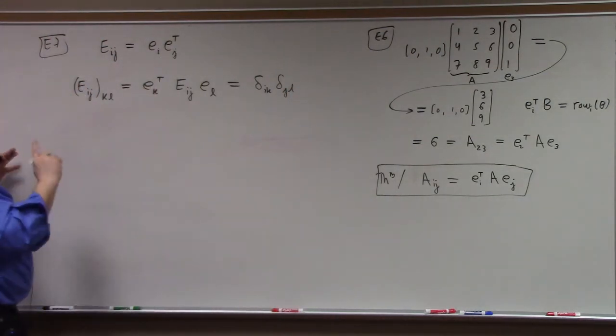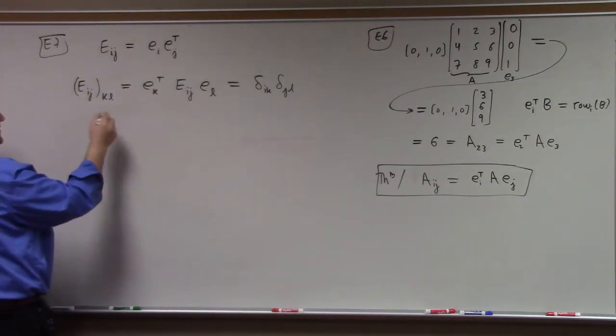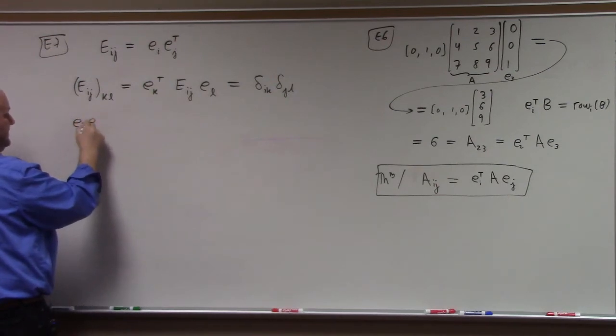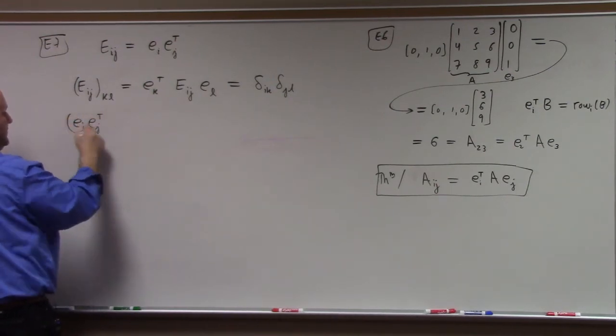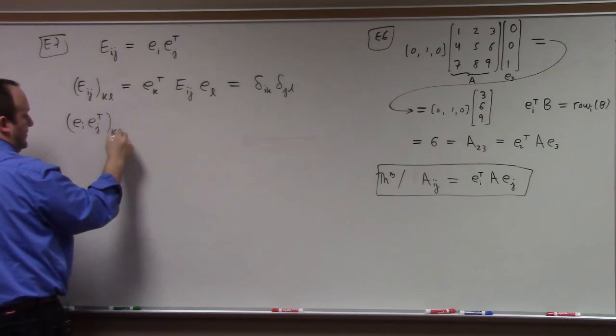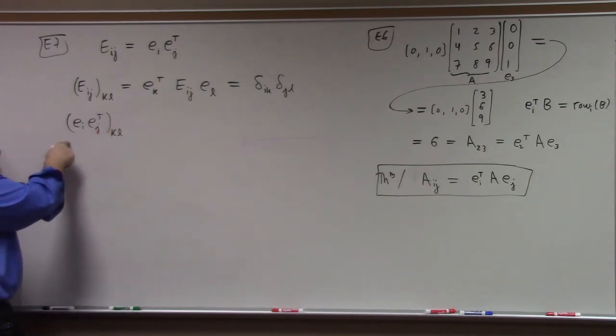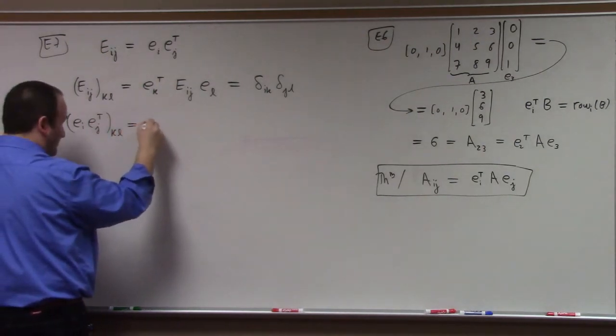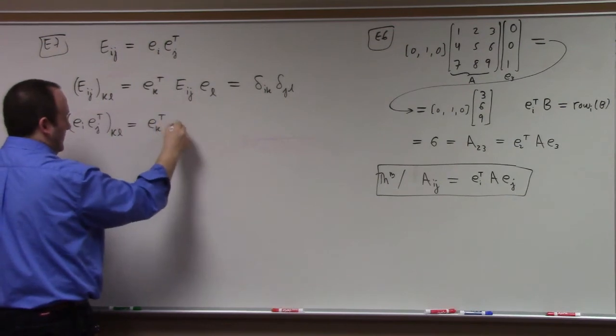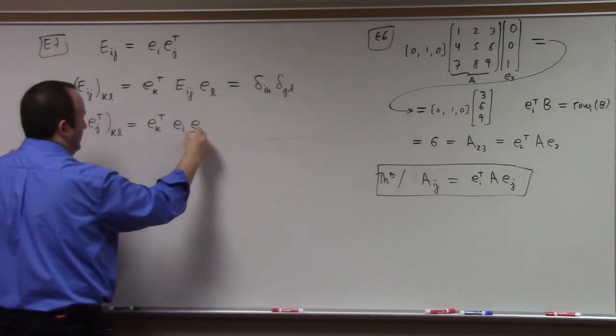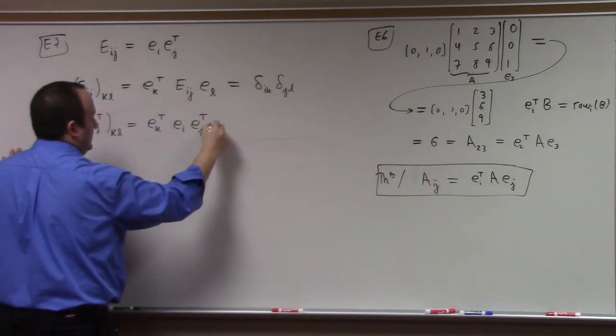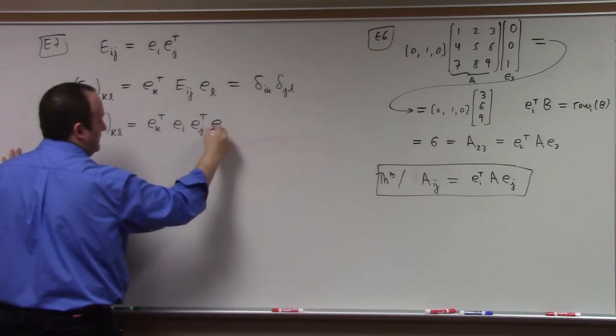Sorry, I'm burying the lead here. What I really want to do is e_i e_j transpose. The question is, why is that equal to the thing above? To calculate the kl component of this, we have e_k transpose e_i e_j transpose e_l.